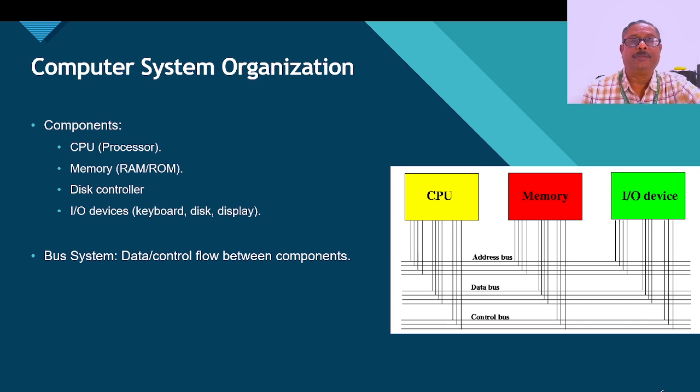Until then, the CPU will be waiting for some key to be pressed. The moment a key is pressed, the IO device or the keyboard will send back a control signal saying that a key is pressed and the data is on the data bus. So the CPU is now free to read the data from the keyboard.